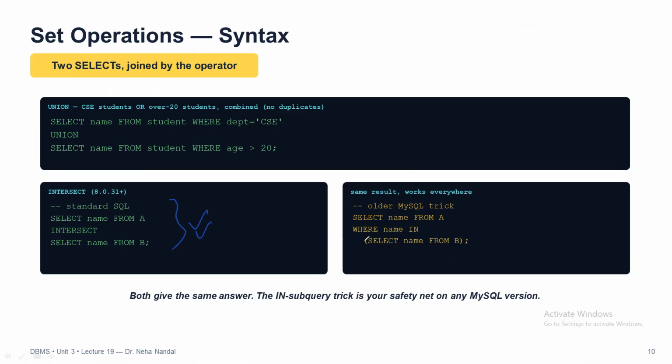For the older versions, if intersection or except is not working, we used where name in. The in operator you have already utilized. So it will check select name from B, and then it will display the names. I hope you got some clarity.